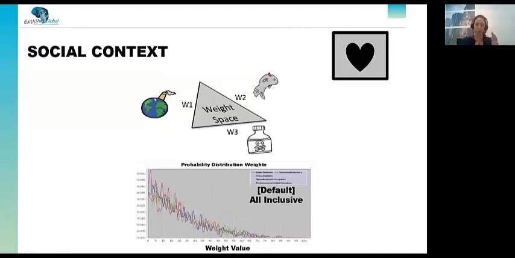You can represent a stakeholder that prioritizes global warming, or that prioritizes any of the other categories. But the default is all-inclusive, all possible weights, without giving higher weight values to any of them. So it's a different approach to weights. And these weights would go into the ranking, which I'll show in the next slide.